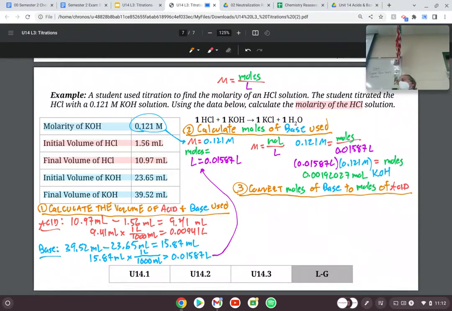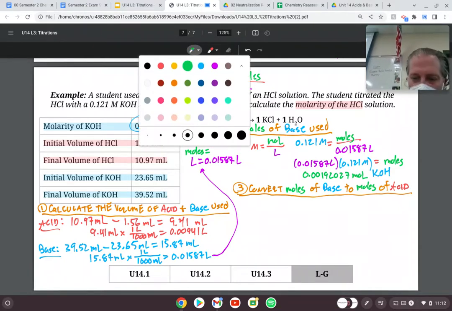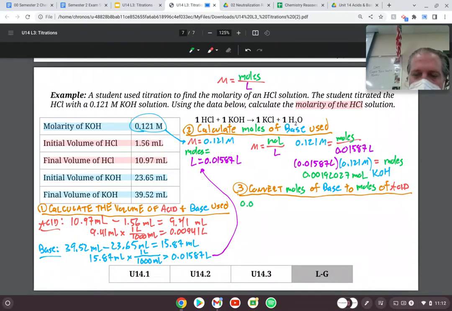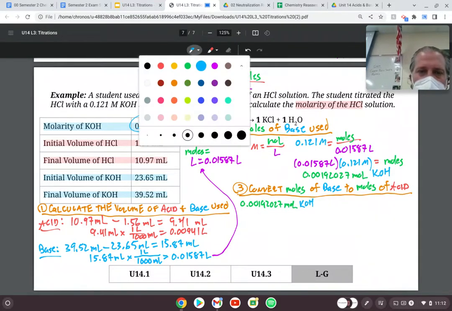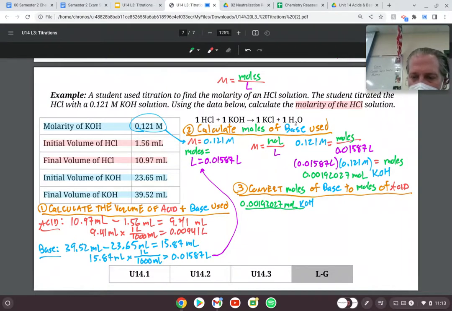So in this case, I'm going to take the number of moles I just calculated, which is 0.00192 moles of KOH. I'm going to put it over 1.